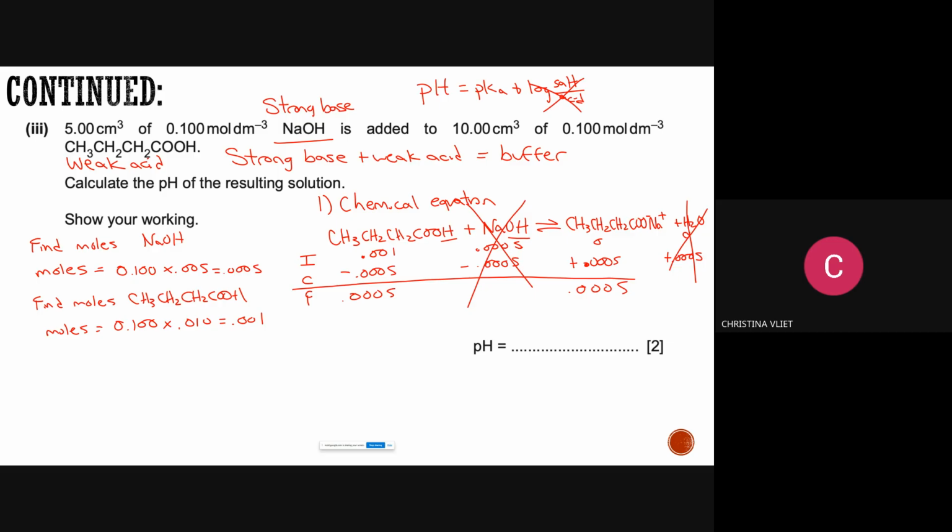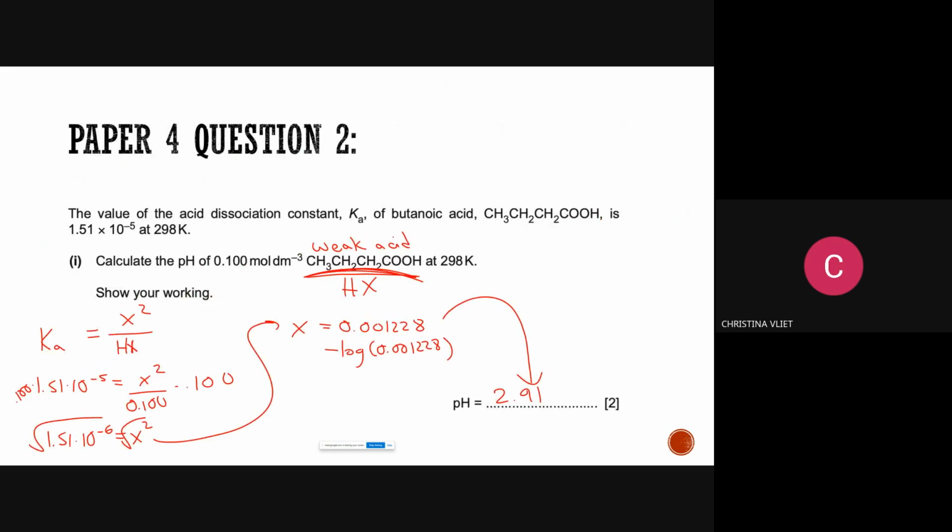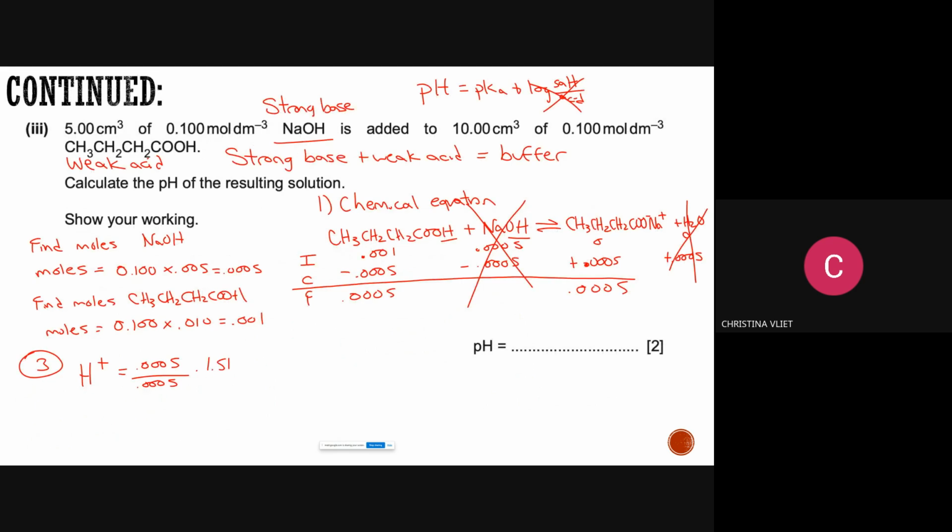I'm just going to keep showing the same formula for those of us who like to use that H plus formula. It would still be 0.0005 over 0.0005 times Ka, which is 1.51 times 10 to the negative 5. You still see that these amounts will cancel.